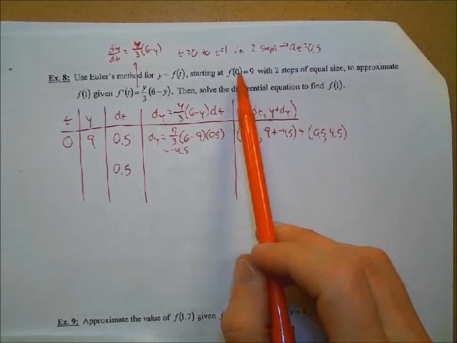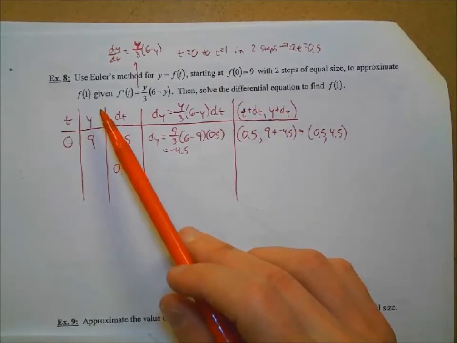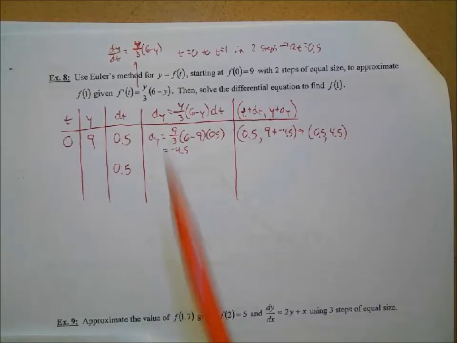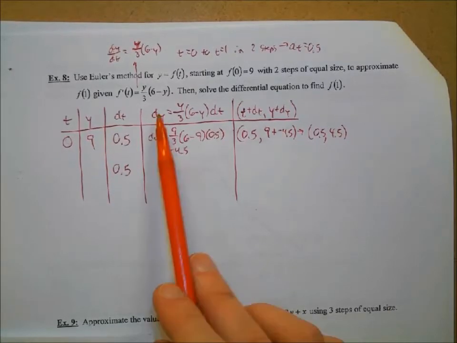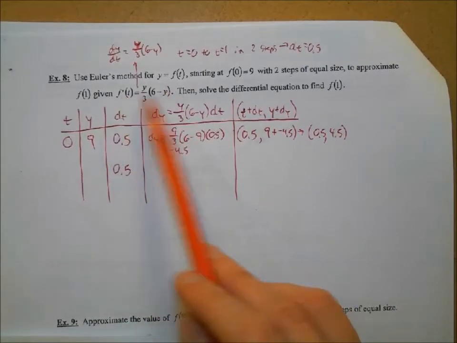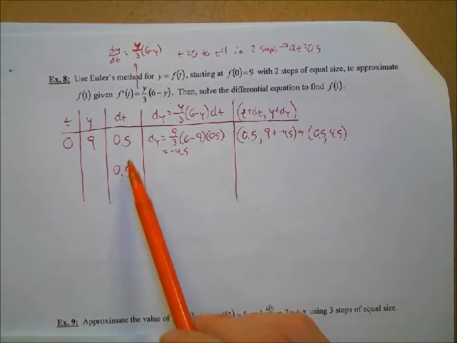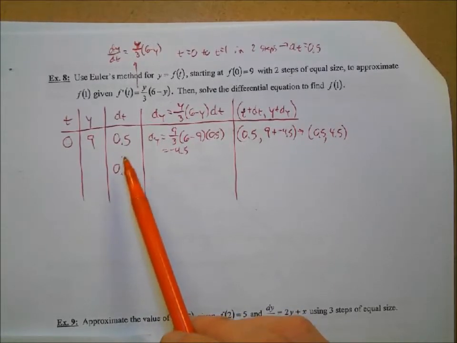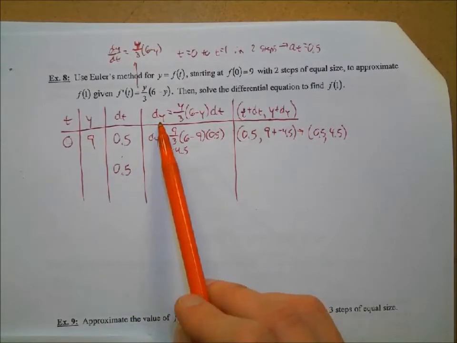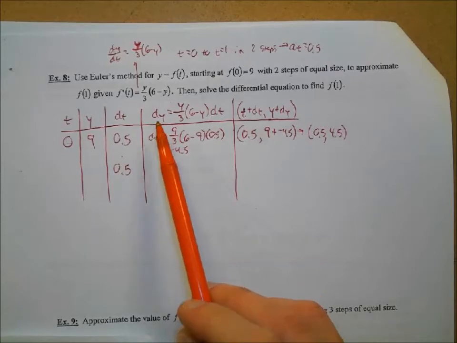So 0 to 1, that's a total distance of 1, dividing it by 2, 0.5. Okay? And we use the derivative then, because this is going to be our steps for the x no matter what, and then we're going to use the derivative to come up with, well, if that's our step for our x, what is our step for our y? What's our resulting change in our y going to be?